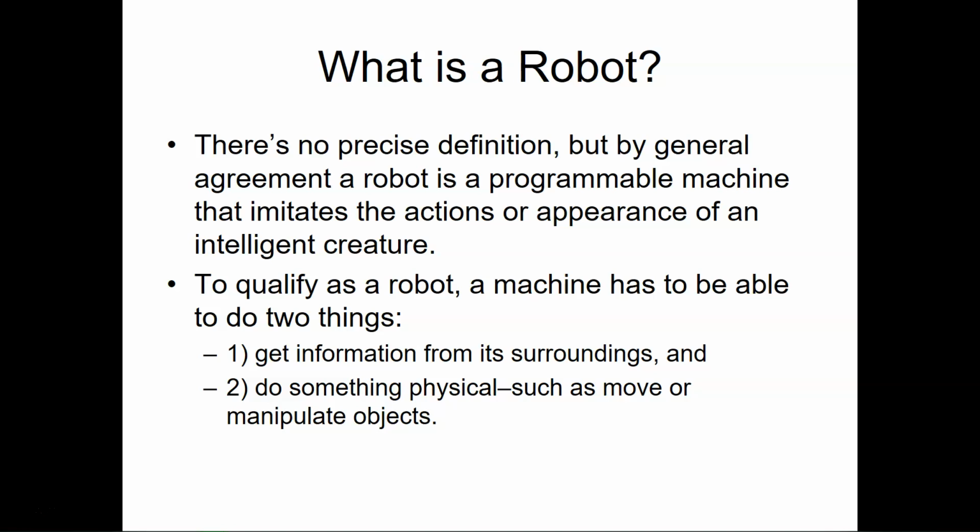To qualify as a robot, a machine has to be able to do two things: one, get information from its surroundings, and two, do something physical, such as move or manipulate objects. That's why I said, technically your car, if you have one of the more modern day cars, can just about be classified as a robot, because what do most cars have?